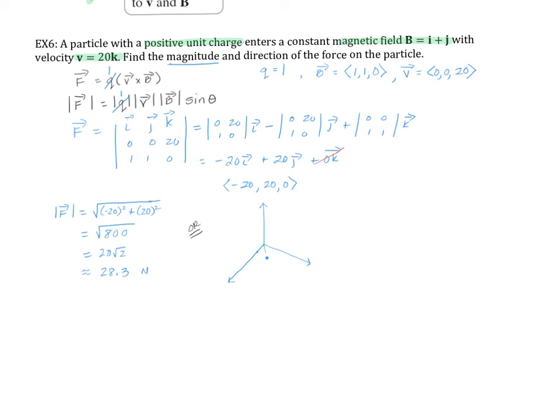So let's go green for B. It's going to be a vector in the xy plane because its z component is 0. But now when we look at vector V, and I'll use red for that, it's got 0 for x, 0 for y, but it's got a 20 for its z component.